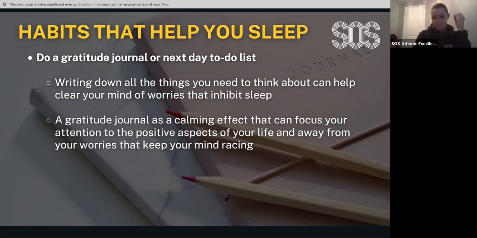It helps you clear your mind of any worries that are going to play on you when you're trying to fall asleep. In terms of gratitude journaling, like you see in the bullet point here, it's been found to have a calming effect because it draws your attention to the positive aspects of life. And that puts you in a nicer mindset, a better place to start relaxing and set yourself up for sleep.